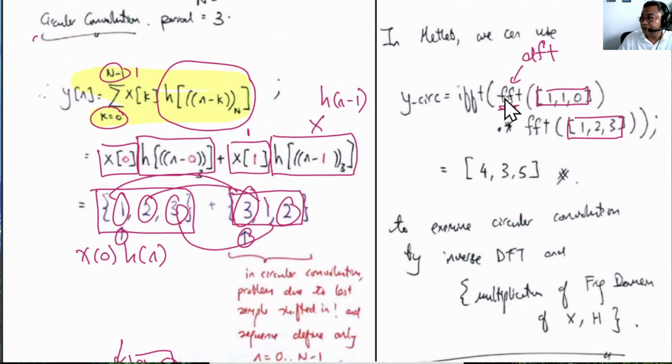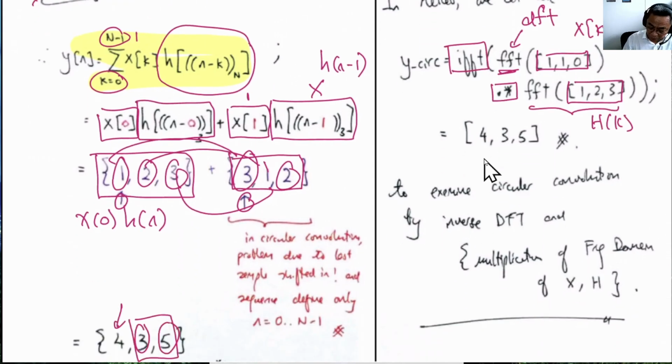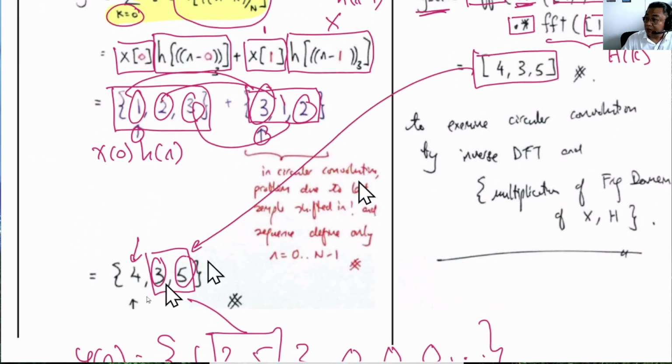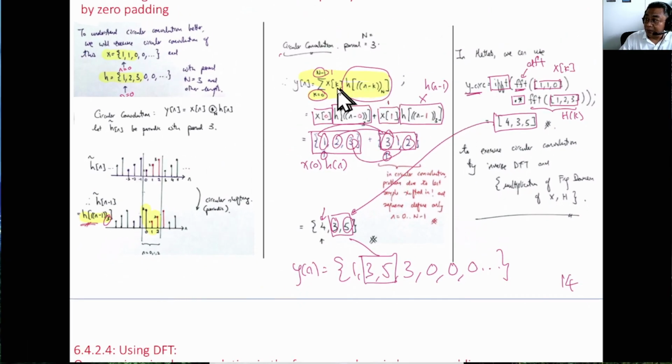So we first convert x to X[k], and this is getting H[k], and we then multiply them term by term, and then we inverse FFT to get our output y, and this is 4, 3, 5, and 4, 3, 5 exactly agrees with this 4, 3, 5 here. So we now know how to do it by the circular convolution way. We know how to do it by the frequency representation way using FFT or DFT, using capital N equals 3.